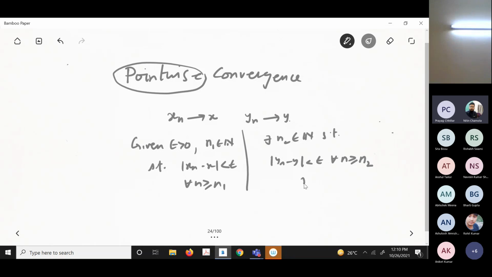Now if you take n naught equal to the max of these, then you can write both.